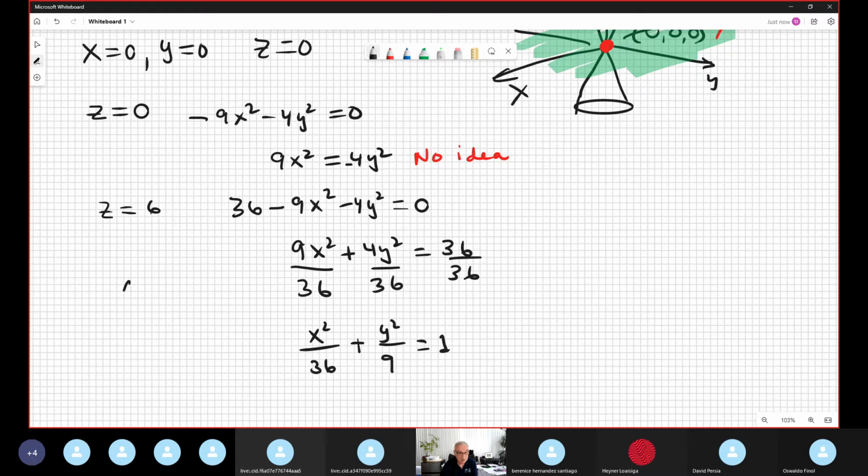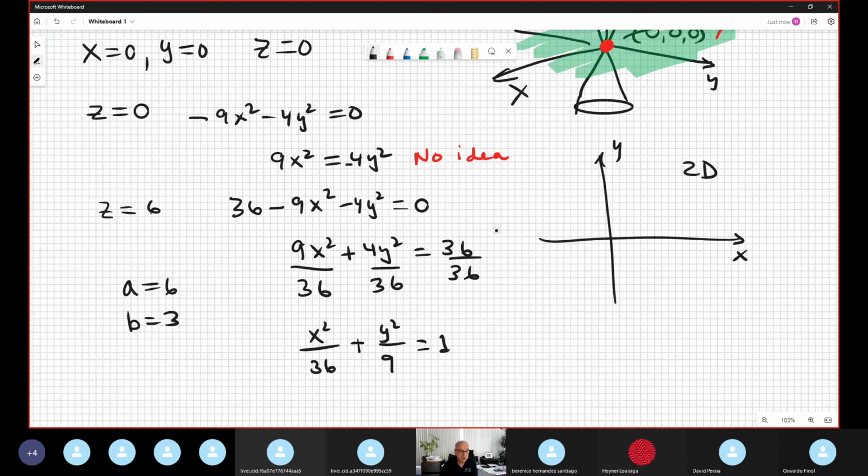Ellipse again, A is 6 and B is 3. Entonces, the trace en 2D, XY, pero no using C0, using C equals 6. I select 6, guys, but if you select another value, you get another ellipse. It's a family of ellipses.